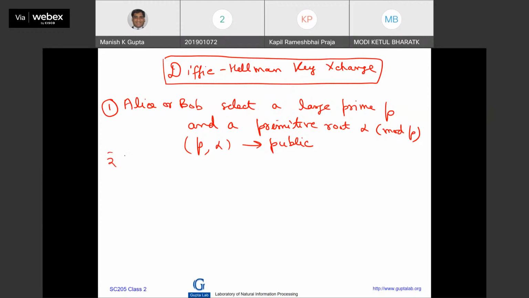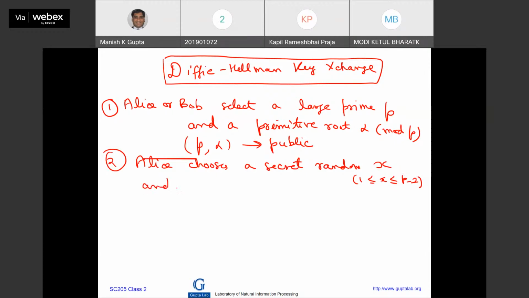Now, Alice chooses a secret random x. X lies between 1 and P minus 2. And Bob selects a secret random y.